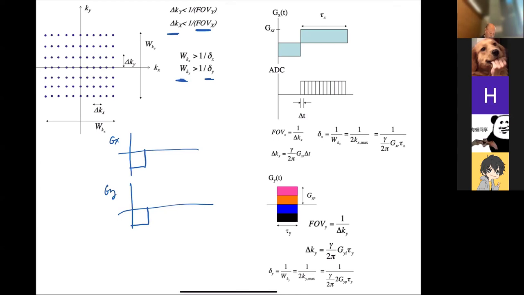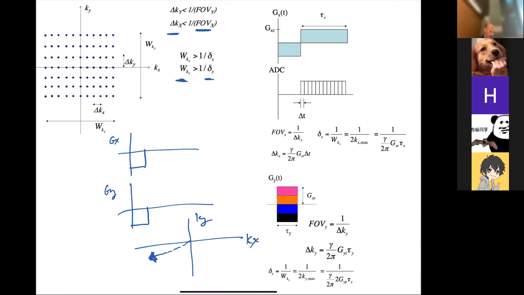So let's say this is KX and KY, and I want to go farther out in KX than I want to in KY. Which area is going to have to be greater, GX area or GY area? GX, because I need a bigger gradient.